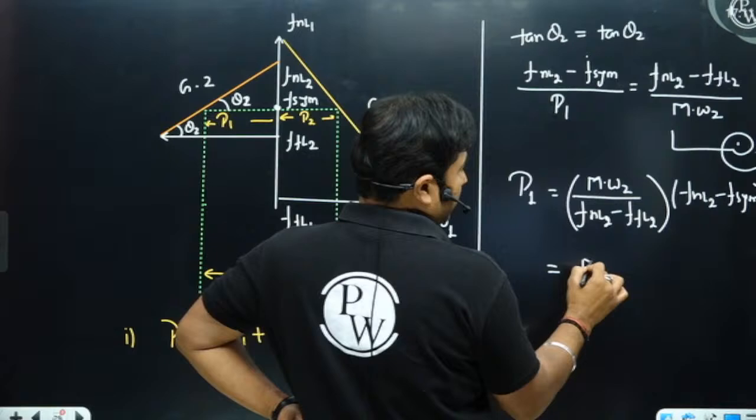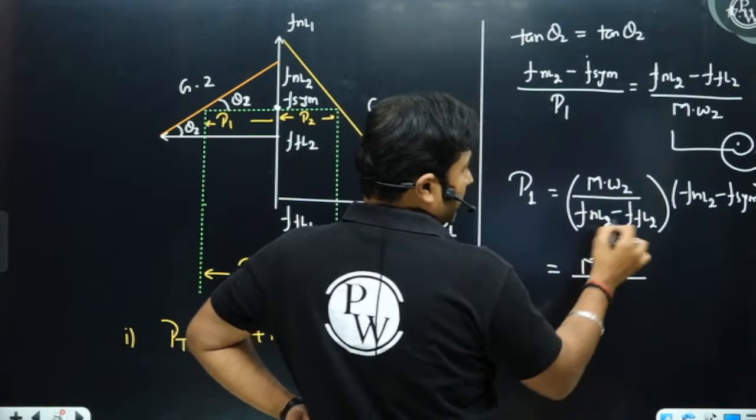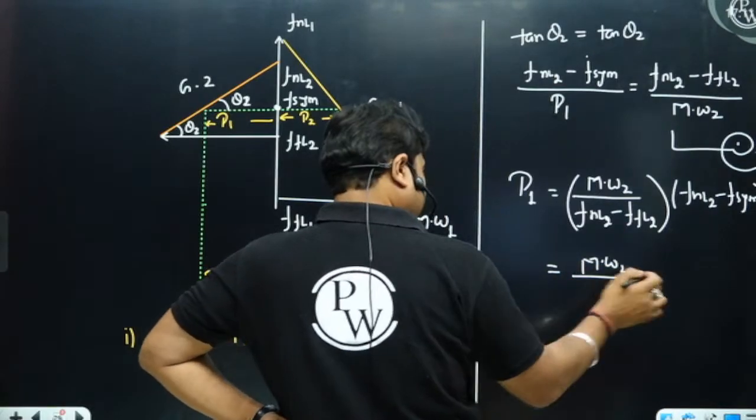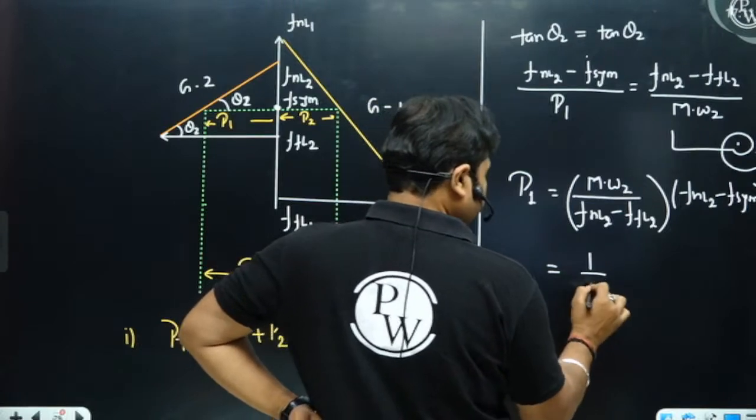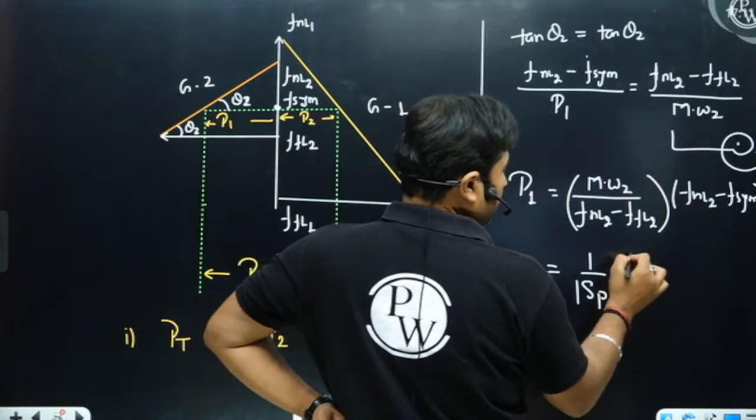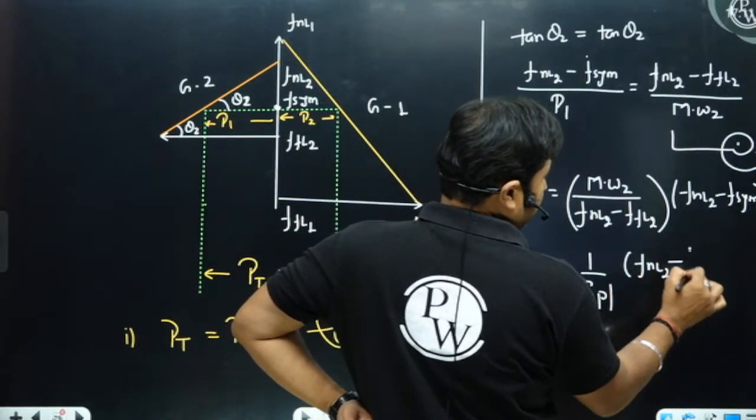So this becomes megawatt 2 upon, please observe, 1 upon the magnitude of the slope, times FNL2 minus F of the system.